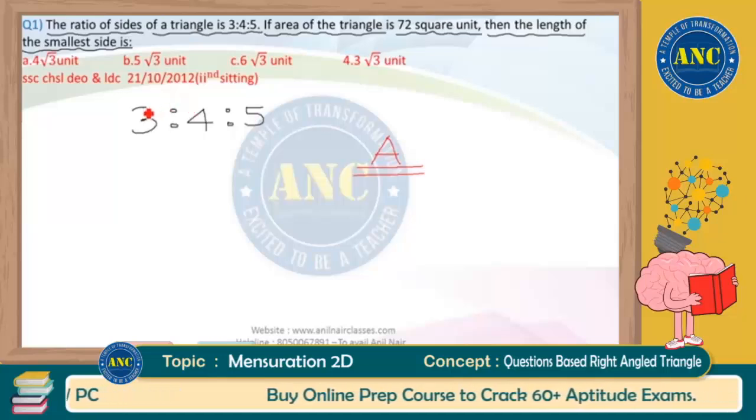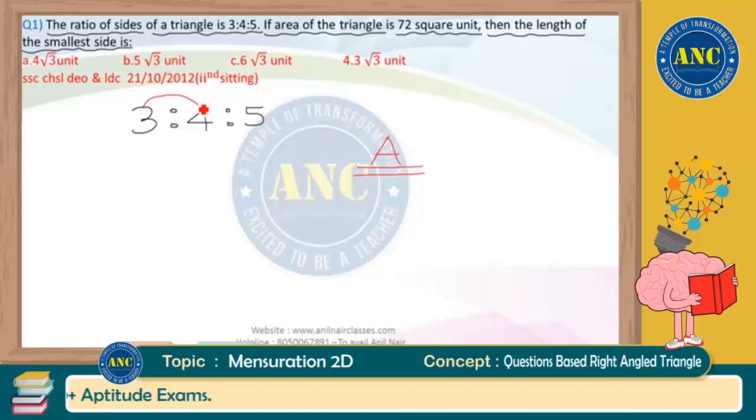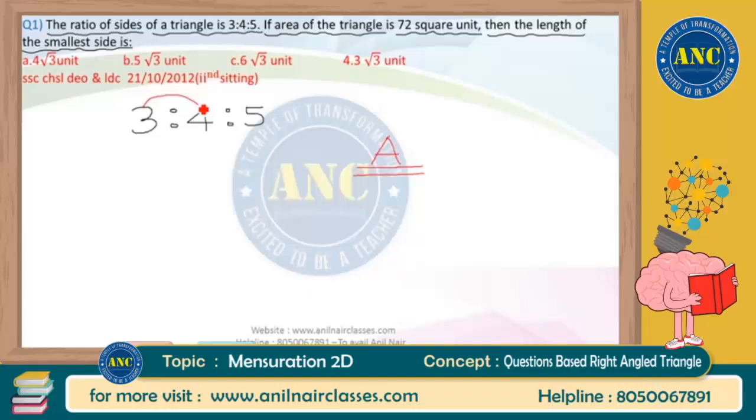So it is half into 3 into 4. Sir, you took it as 3x and 4x there. Yes, I took it as 3x and 4x. Let us eliminate that variable method. Let me assume according to the ratio, base is 4 units and height is 3 units. So it is half into 3 into 4, which is 6 square unit, for example.